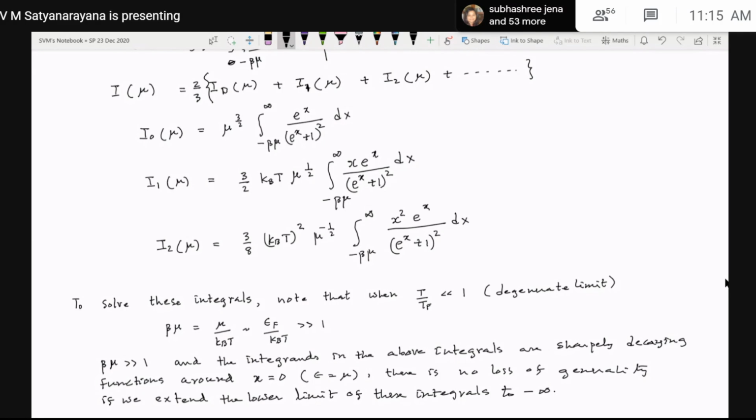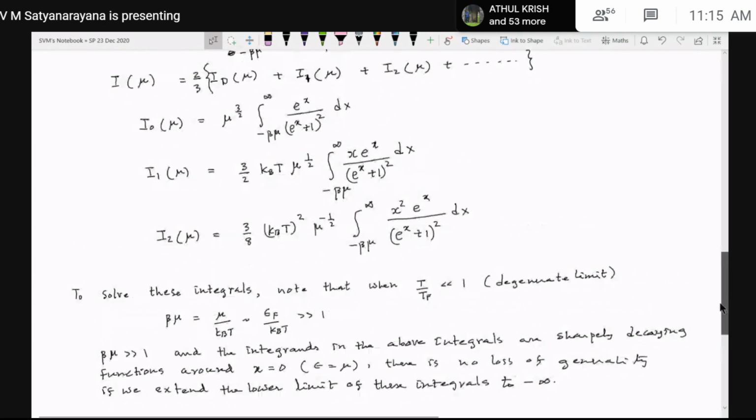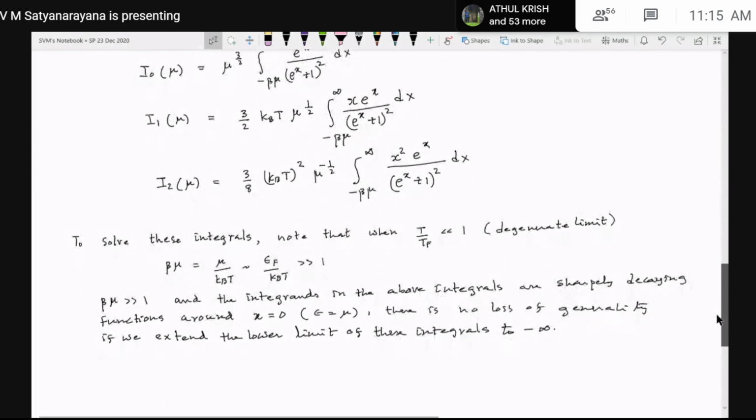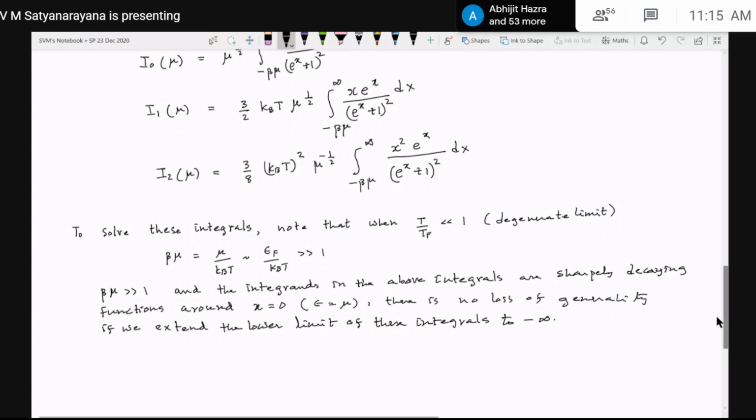We already know that this beta mu is a very large number. So let's say it is minus some large number, but even at that number it is 0. So going to minus infinity, anyway this function is 0, so it's not adding to the area. So there is no loss of generality in extending this limit. This is an approximation, of course, called the degenerate limit approximation. This is the first approximation that we are making.